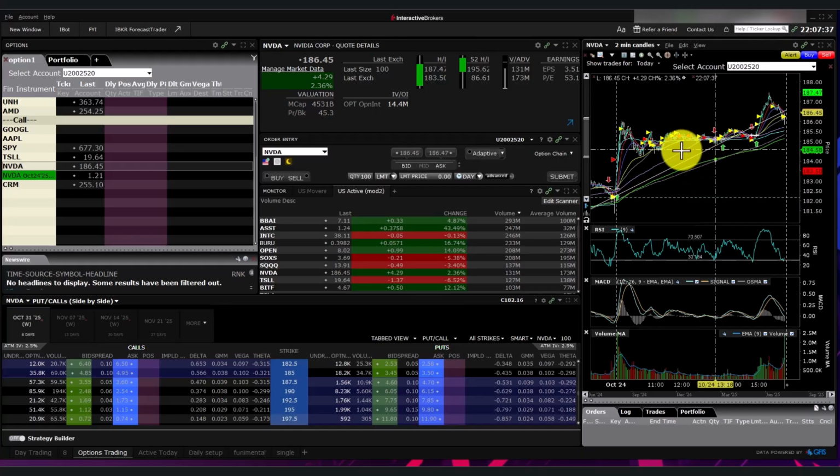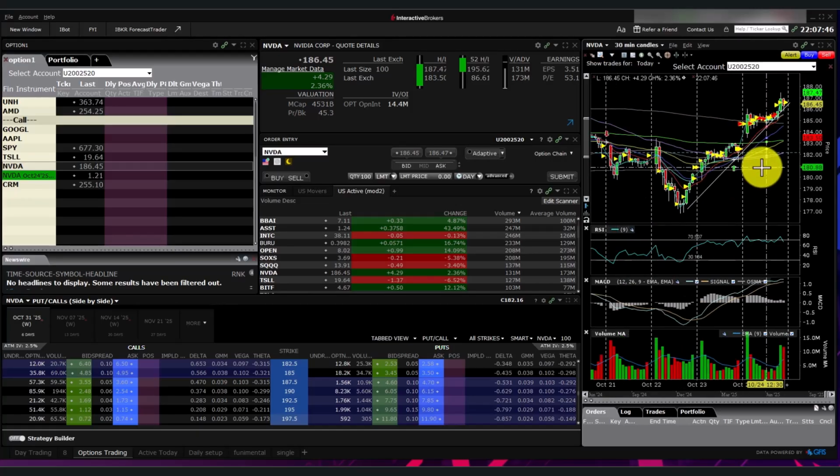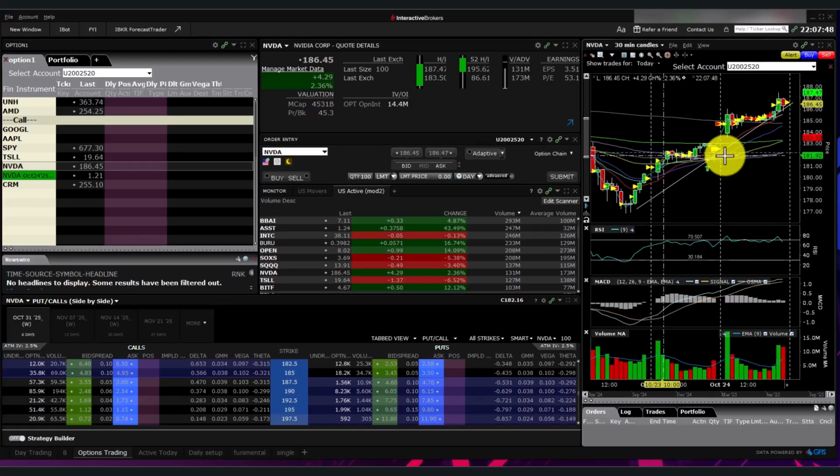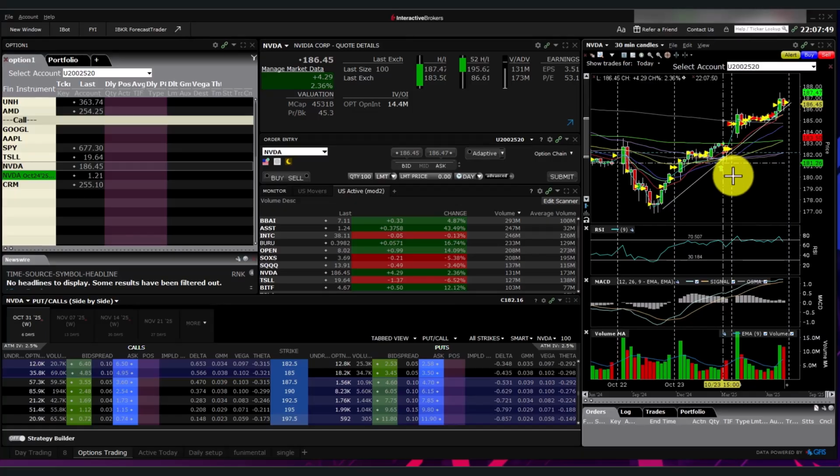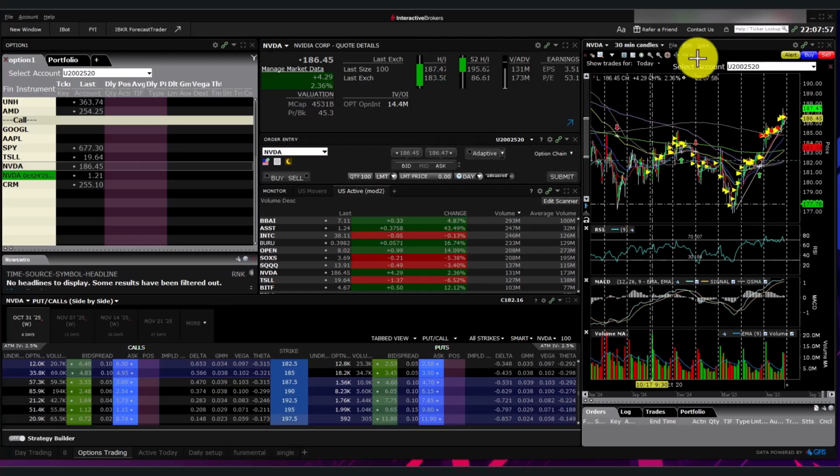Okay. So for instance, here, if you look at the chart of NVIDIA, we've been playing around a certain number, right? Or NVIDIA has been moving.